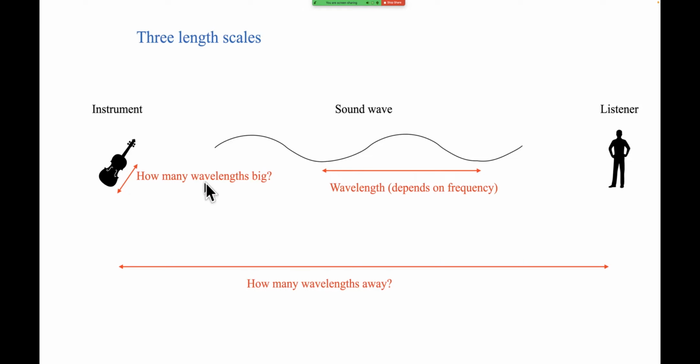What about the other number? How big is the instrument in terms of wavelengths? That's the thing I'm mostly going to talk about in this talk here. If the instrument is small compared to a wavelength, in other words, the wavelength is big compared to the instrument, in other words, if the frequency is low, right, low frequencies, long wavelengths, then it doesn't matter what your vibrating object is, it won't be a very efficient radiator of sound.